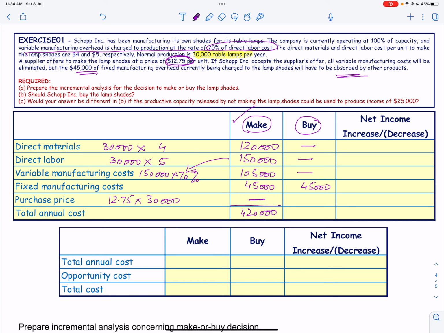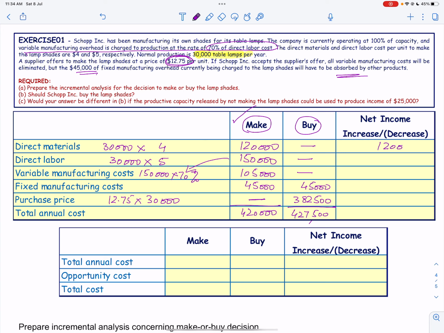So this will be 382,500, and the total annual cost will be 427,500.